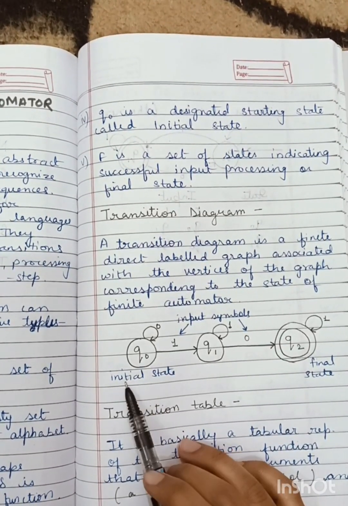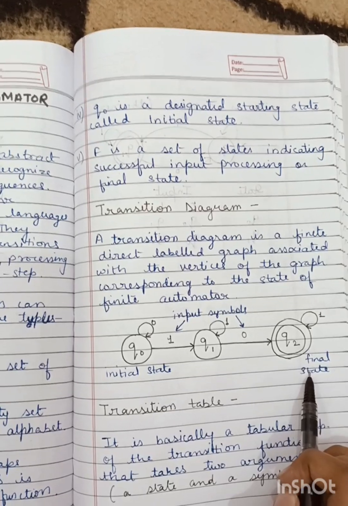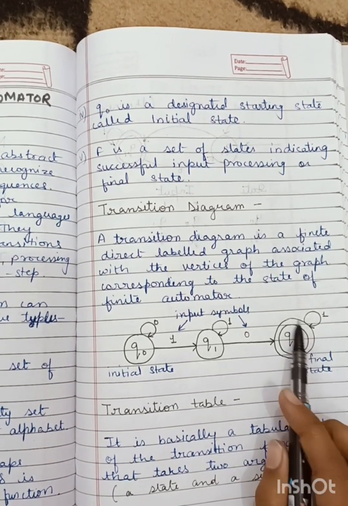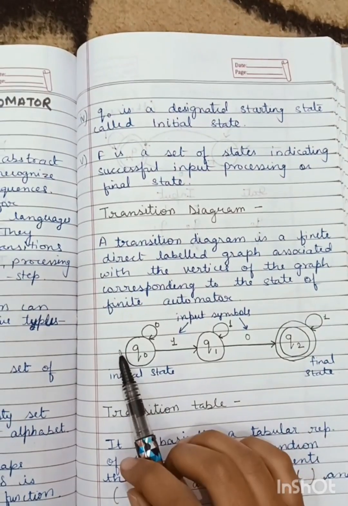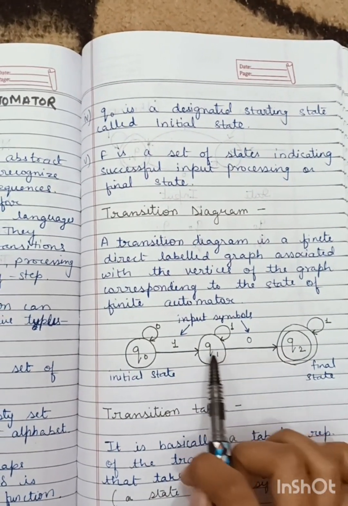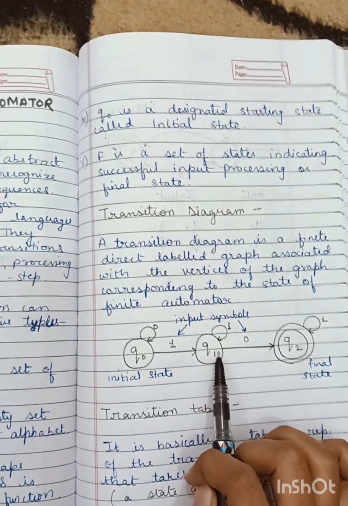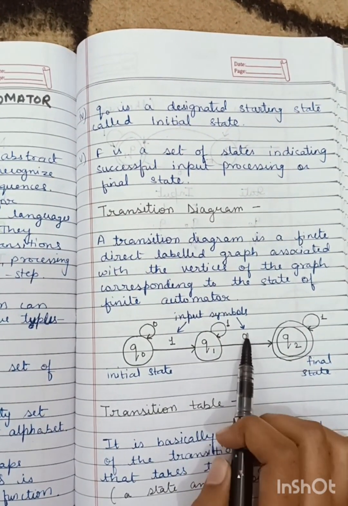Here Q naught is the initial state and Q2 is the final state. The double circle is the final state and the single one is the initial state. In between Q naught and Q2 is the state which is called an intermediate state, and 1 and 0 are the input symbols.